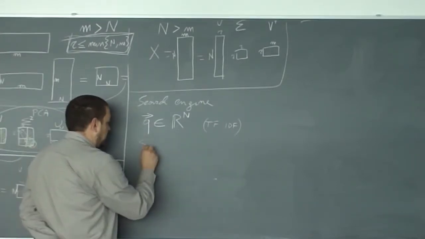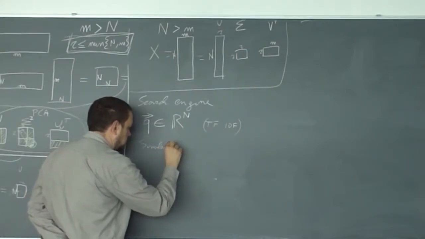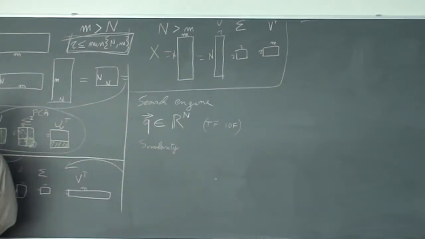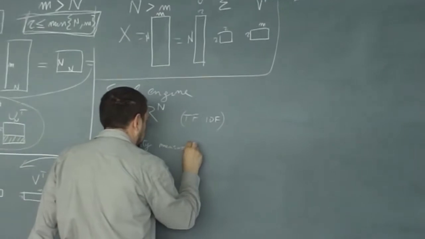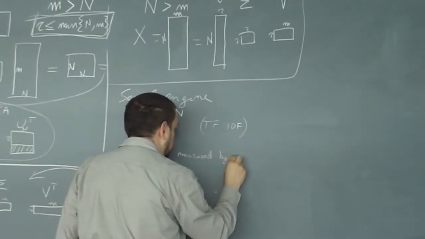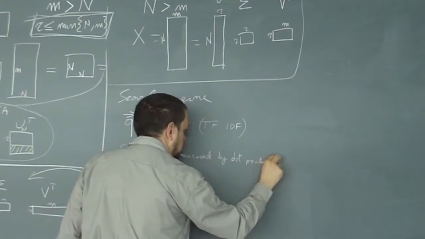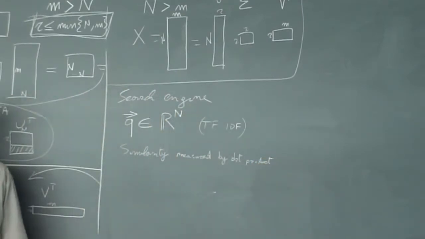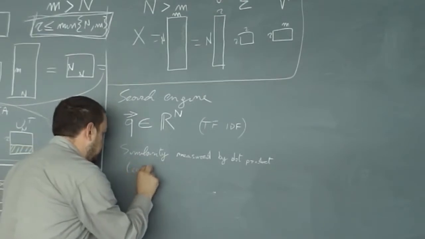Now, suppose that similarity between documents is measured by the dot product. Remember, we also called it the cosine similarity.